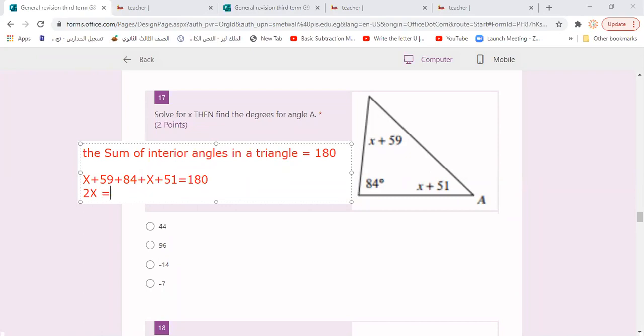It will be equal to 180 minus 84 minus 59. So the answer will be what? 180 minus 84 minus 59.